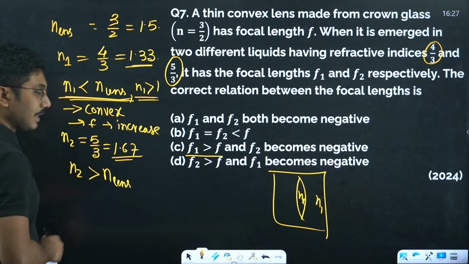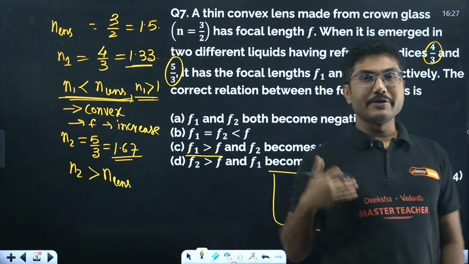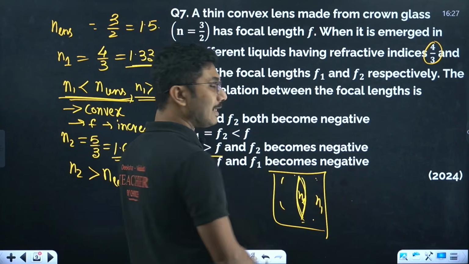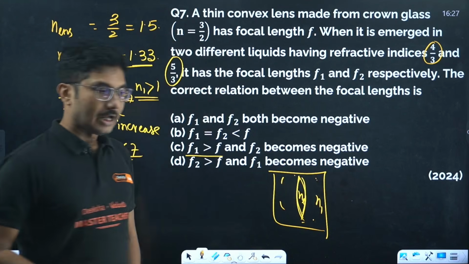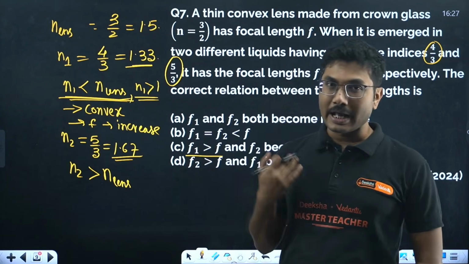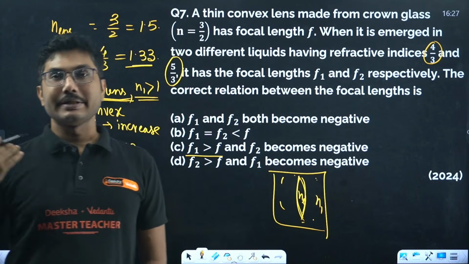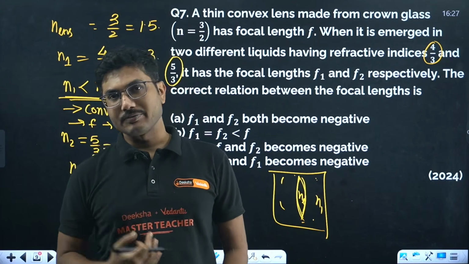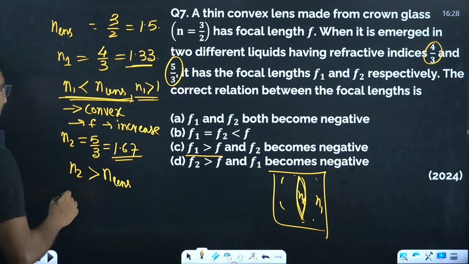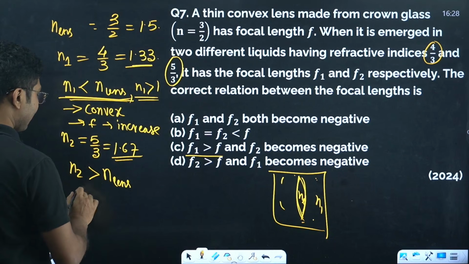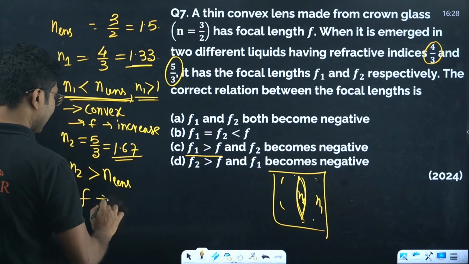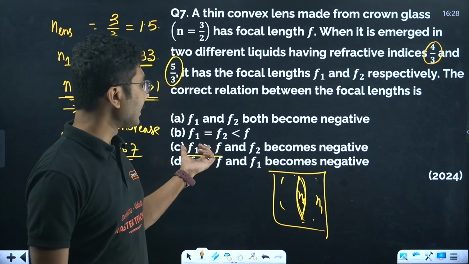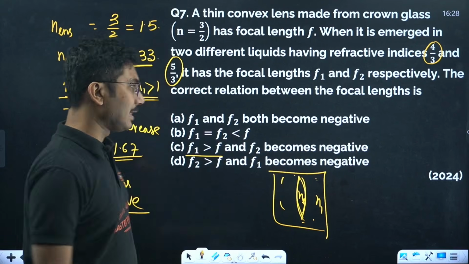So if the outside refractive index is more than that of the lens, the nature of the lens changes. A convex lens behaves like a concave lens, and a concave lens behaves like a convex lens. So in this case the convex lens will behave like a concave lens, so the focal length will be negative. So f1 greater than f and f2 negative is the correct answer.